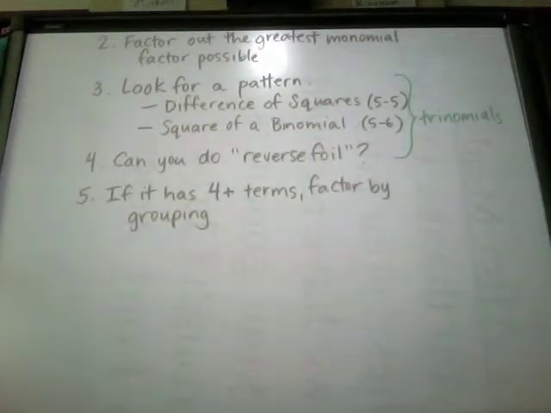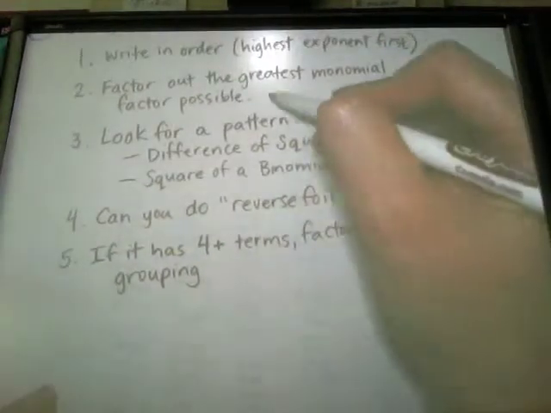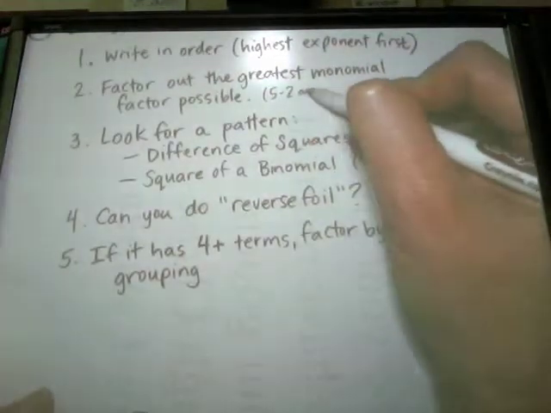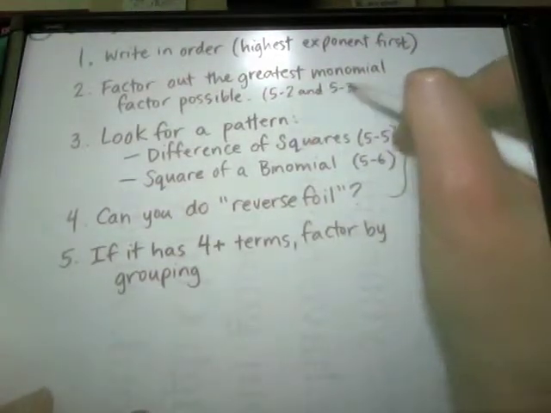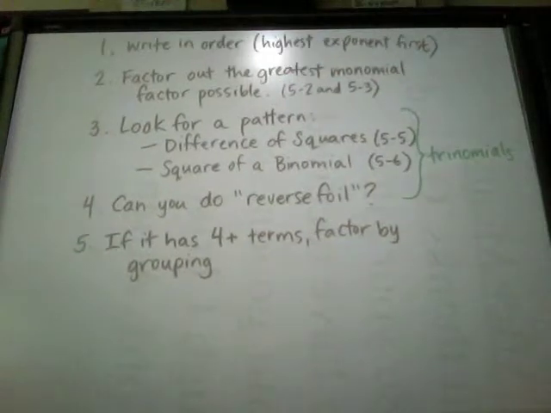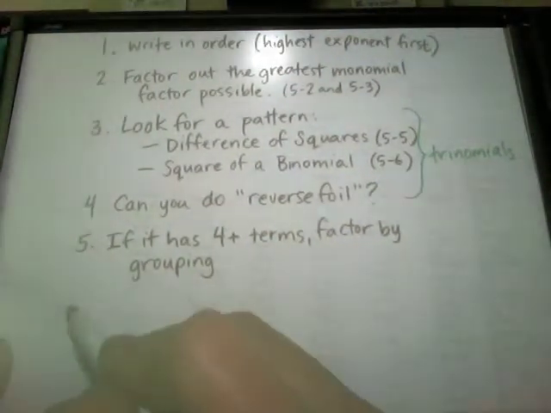So again, we've done all of this stuff. Oh, in fact, step 2, factoring out the greatest monomial possible. Let me go back and say this is from 5.2 and 5.3. Okay, so that again, as you're going through these steps, if you forget what it means, hopefully that will help.